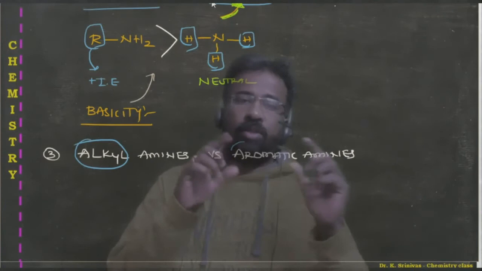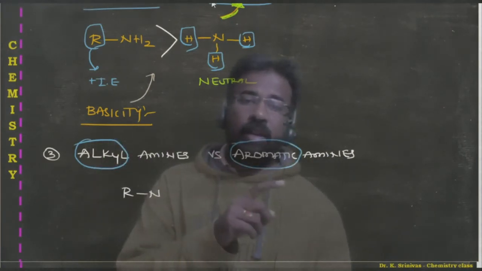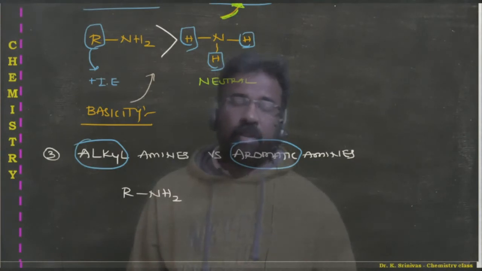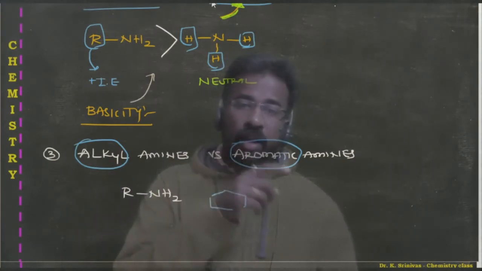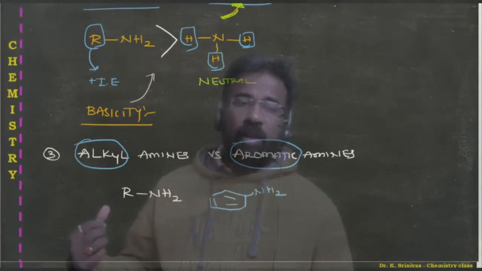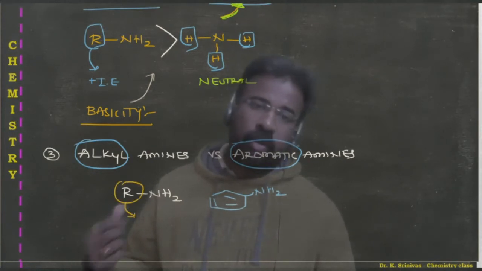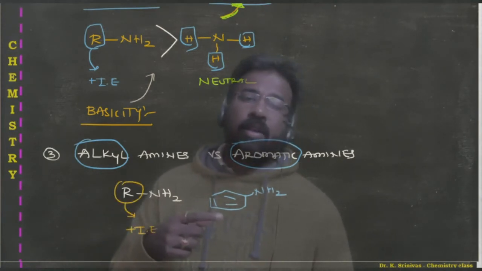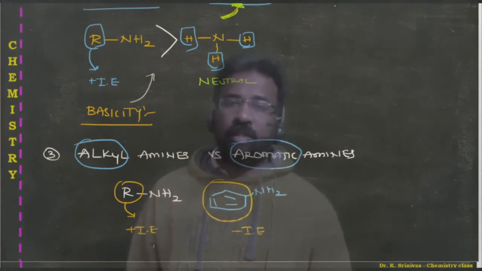Now let us go to the third category, alkyl and aromatic amines. The alkyl amine is RNH2 and the second one is the aromatic amine. The R group present here is a plus inductive effect group, whereas in this case the phenyl ring is there, which is a minus inductive effect group.